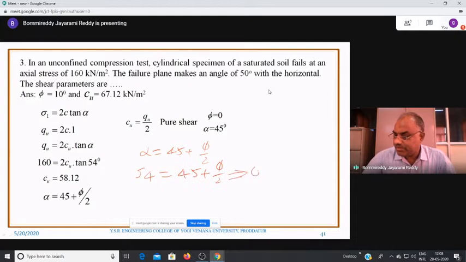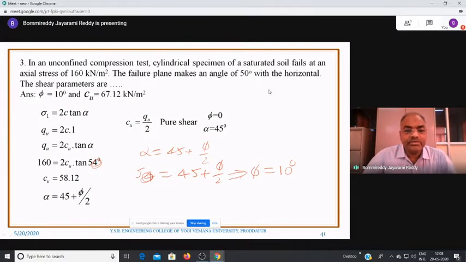From this get the value of phi. It is not 54, it is 50. Take it here as 50. So 50 equal to 45 plus phi by 2. From this you will get 10 degrees. The value of phi is equal to 10 degrees.